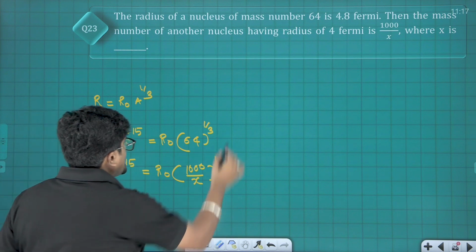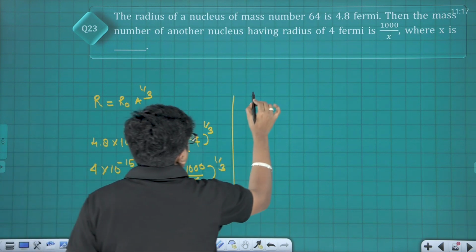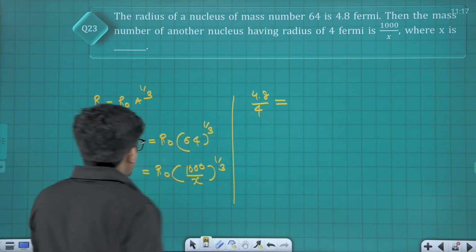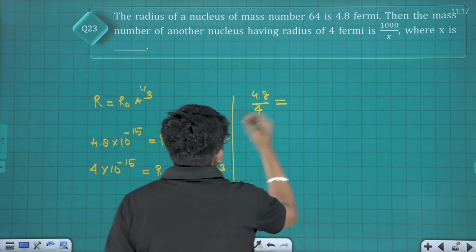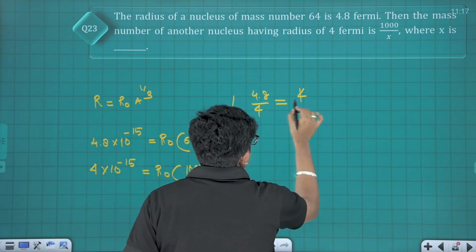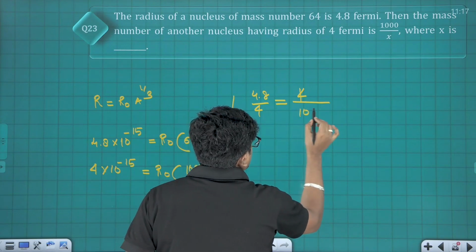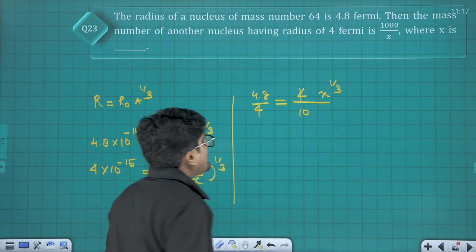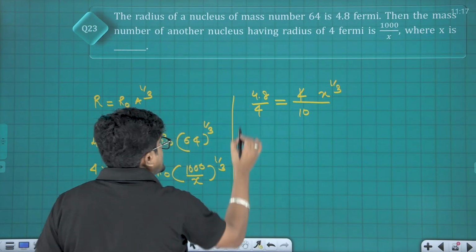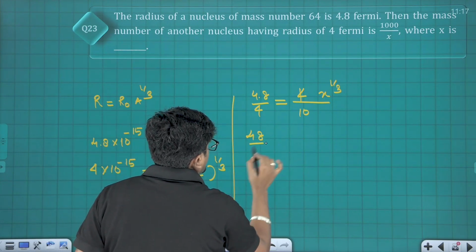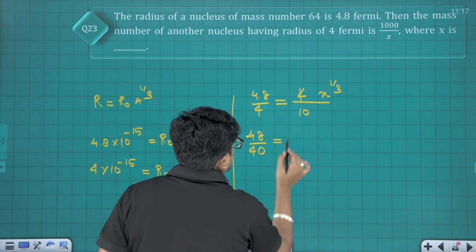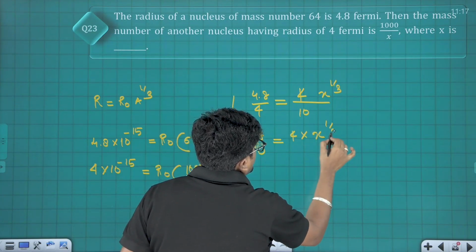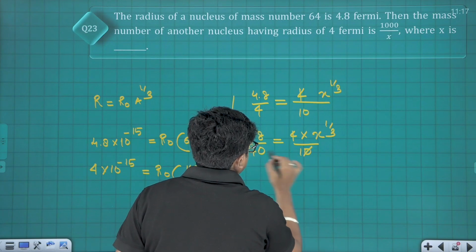If I take the ratio, on the left hand side I have 4.8 by 4, which equals 64 raised to 1 by 3, that is 4, and here 10 into x raised to 1 by 3. So 48 by 40 equals 4 into x raised to 1 by 3 all divided by 10.